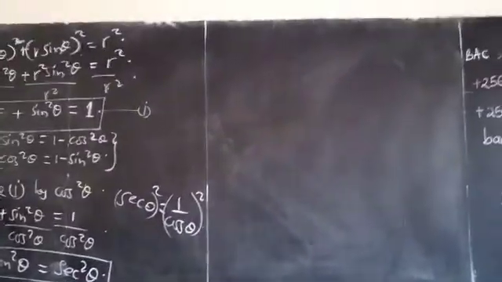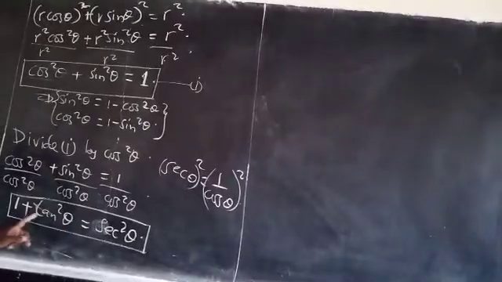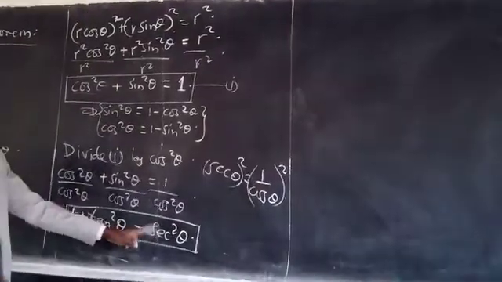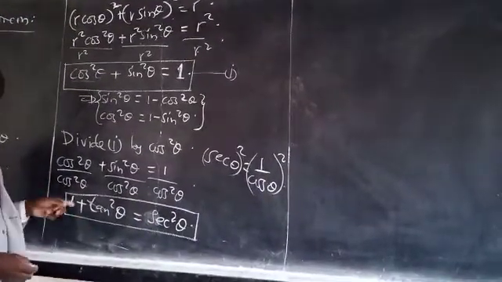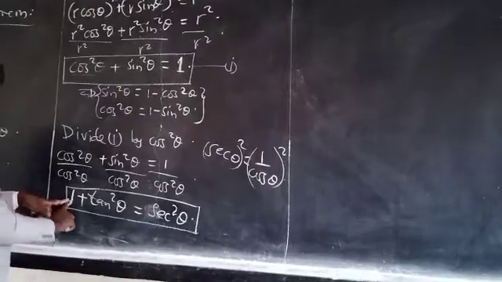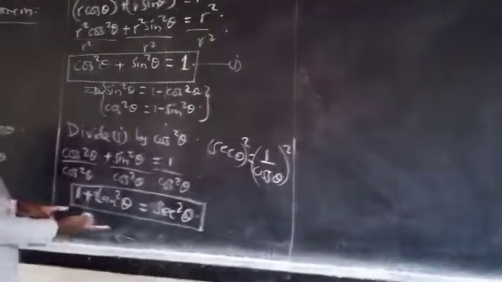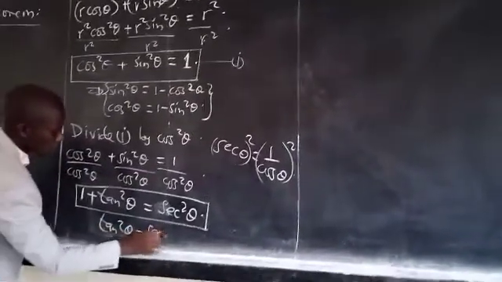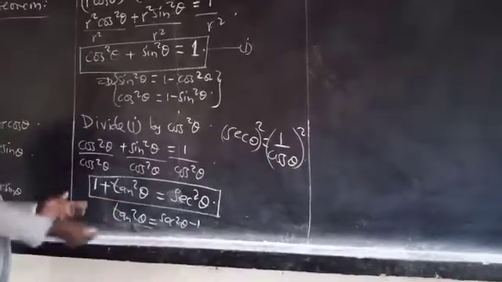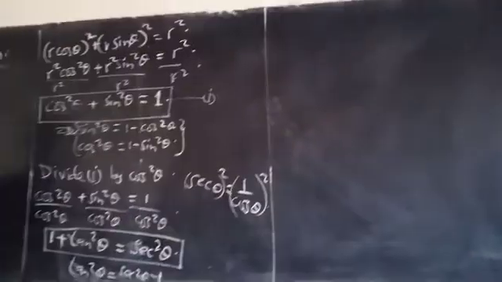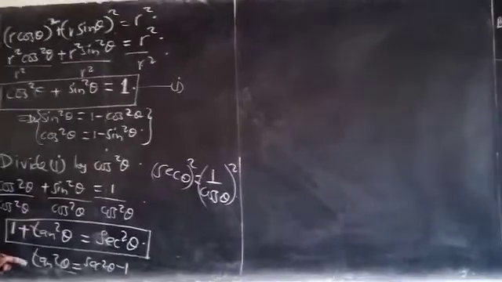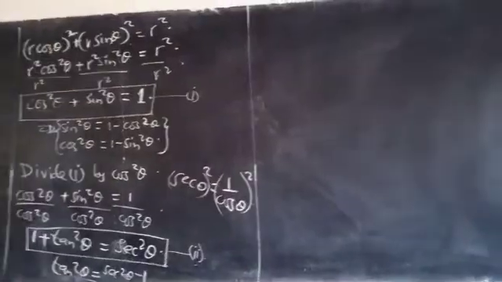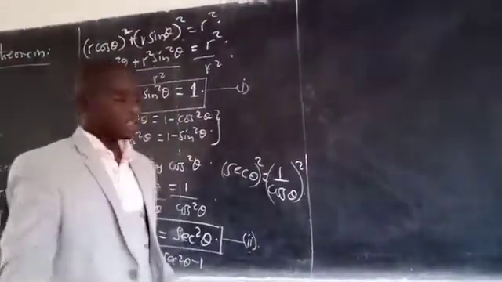Also from here, if I take this one the other side, then sec squared theta minus tan squared theta will be equal to 1. If I take 1 the other side, then I will always be having tan squared theta equals sec squared theta minus 1. All these ones can be derived from each other. That is our second trigonometrical identity that we are deriving from Pythagoras Theorem.